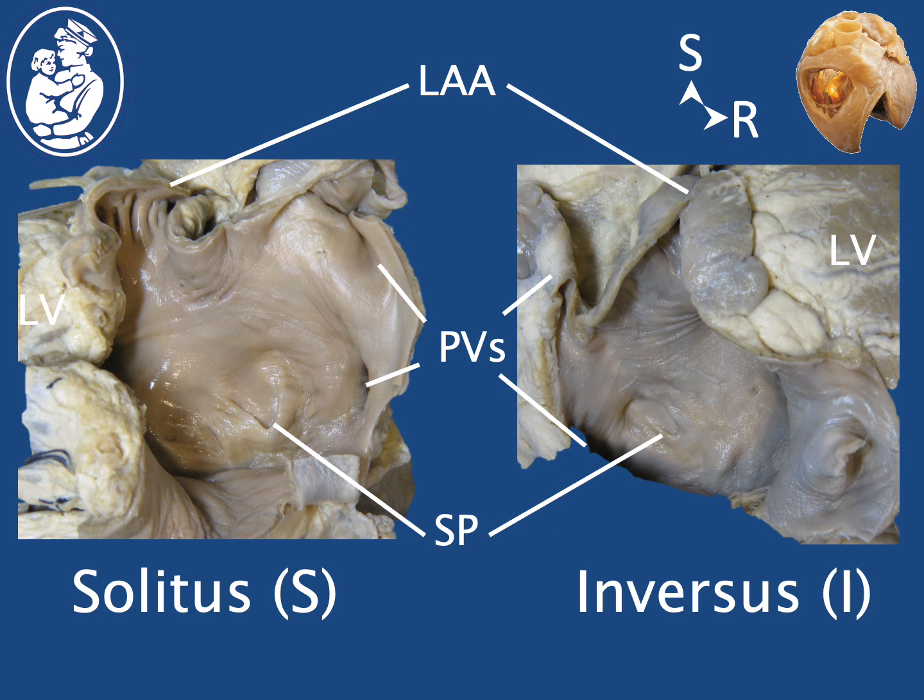Similarly, the atrial appendage, which is superior in both cases, points superiorly and leftward in the situs atrium, but superiorly and rightward in the inverted atrium. In the situs atrium, it's the right pulmonary veins which are adjacent to the interatrial septum, while in the inverted heart, it's the left pulmonary veins that are adjacent to the interatrial septum.